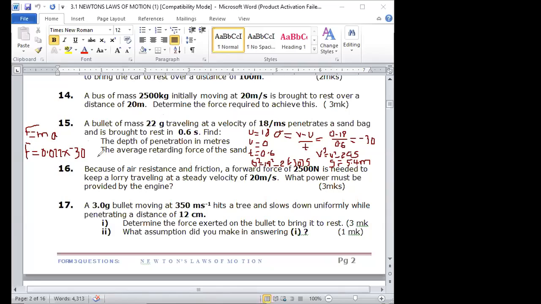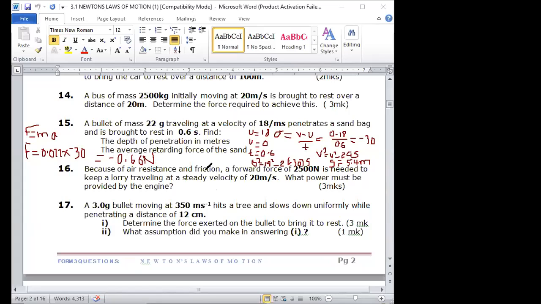So if you work out, this is going to give us a negative. 0.022 multiplied by 30, we get 0.66 newtons. The force, of course, has to be negative because the body is decelerating. Then we move to the next question.